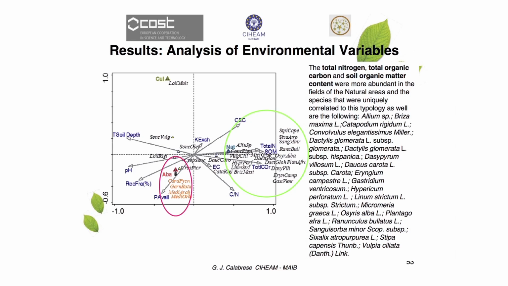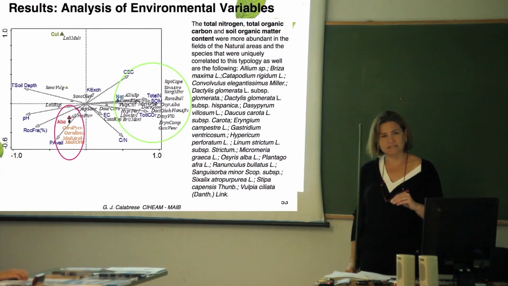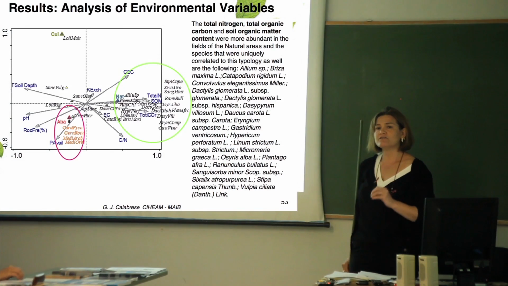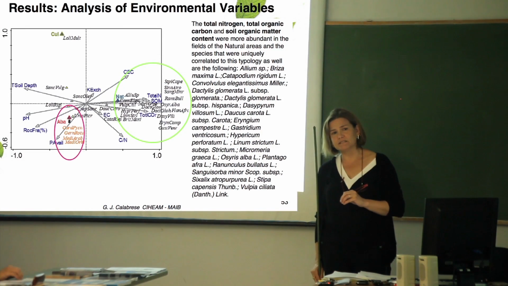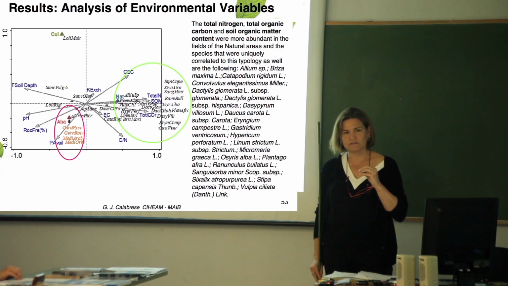I want to underline something. None of this kind of species is of conservation interest. So none of the people involved in conservation is taking care of this aspect. But when we talk about biodiversity, we don't know what the real correlation is between one species and the other, and what the function of a species is in supporting productivity.